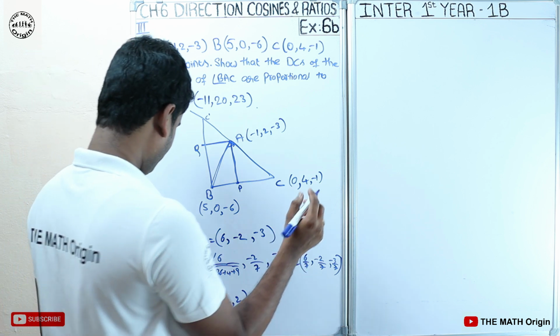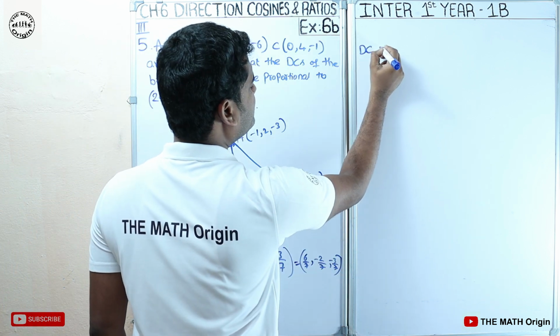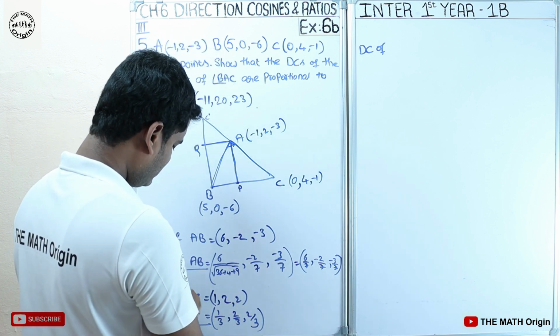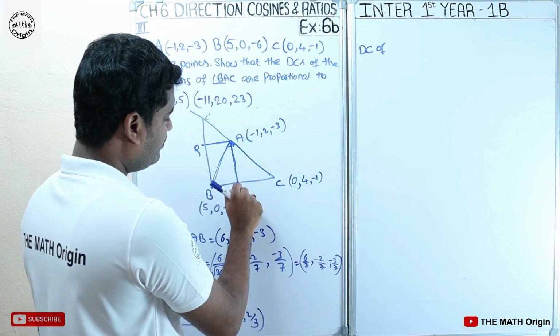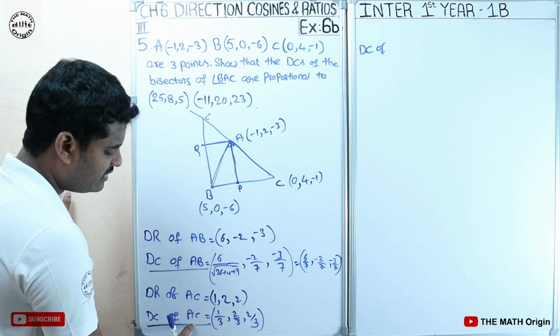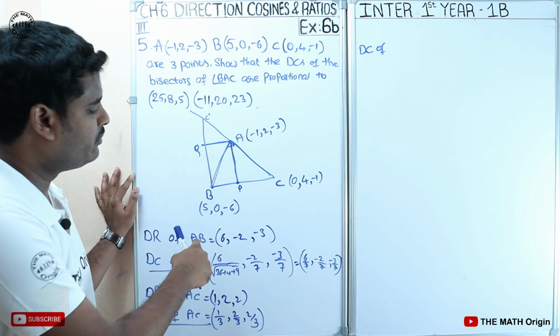Now, to find the bisecting direction, we take the direction cosines of AB and AC; it will be their midpoint.